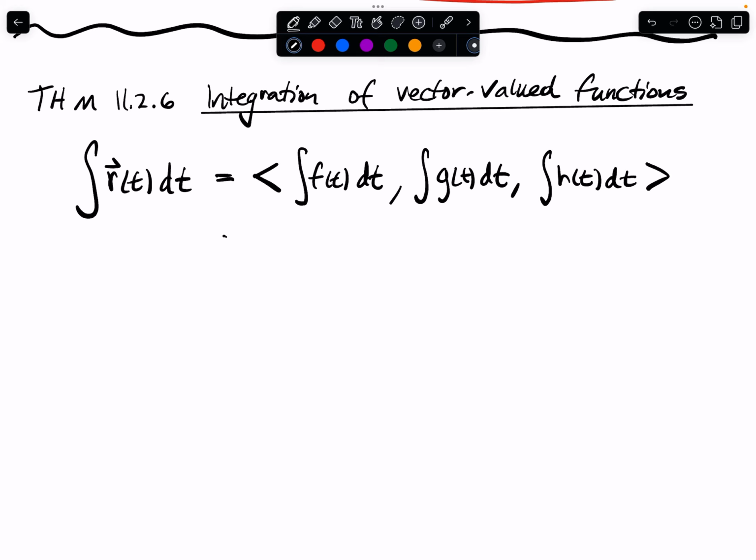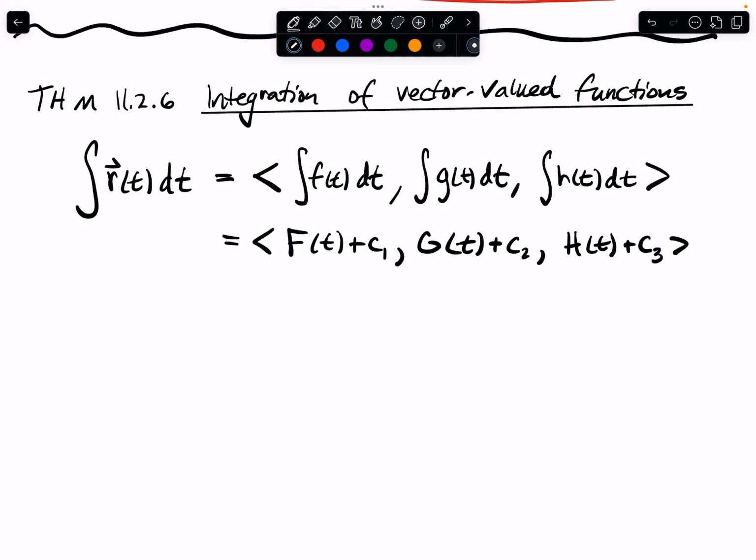And so when I integrate this, I get capital F of t plus c, comma, and I could call this c1 because we're going to have multiple constants of integration here, comma, capital G of t plus c2, comma, capital H of t plus c3.